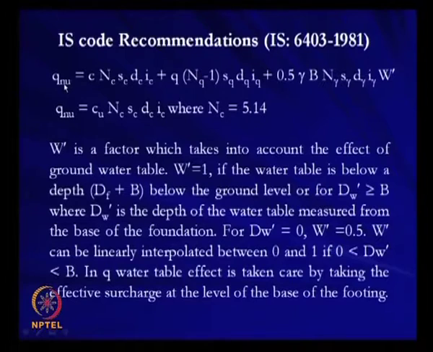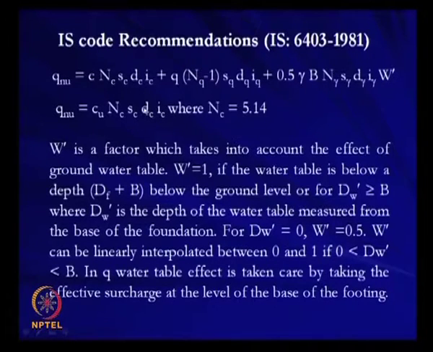Here we can determine the net ultimate bearing capacity of the soil by using this expression, whereas in the previous expressions we were getting the ultimate bearing capacity for Terzaghi, for Meyerhof and for Hansen's, and for the Skempton analysis also, that is also net ultimate bearing capacity. Similar to this one, the IS code recommendation is also for net ultimate bearing capacity of the soil.